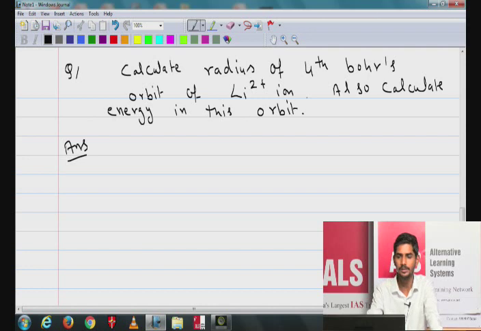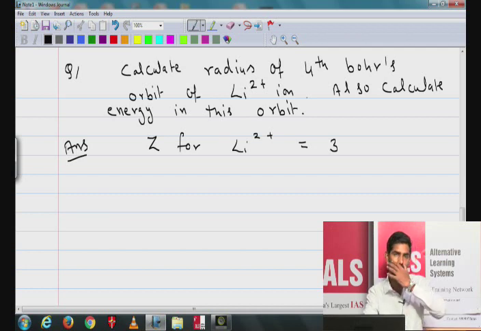And one more thing, guys, the atomic number of lithium is 3. I hope everybody knows that. Z for lithium will be 3. If you don't know, the atomic number is 3: hydrogen, helium, and then lithium. Now solve it for me.